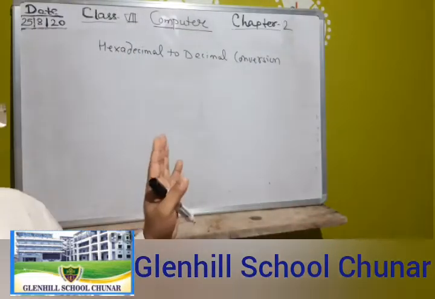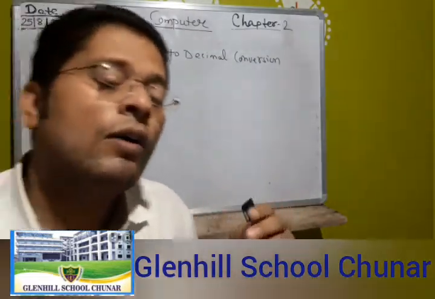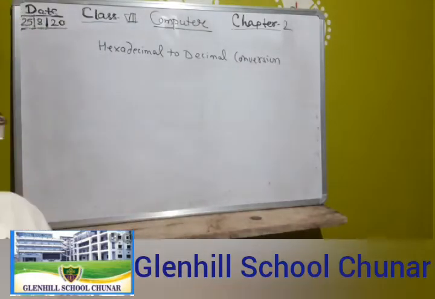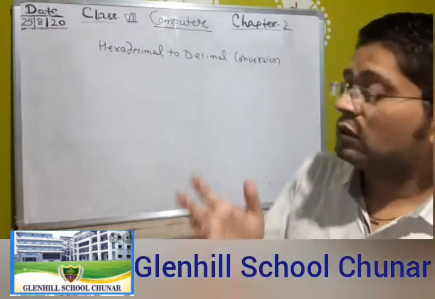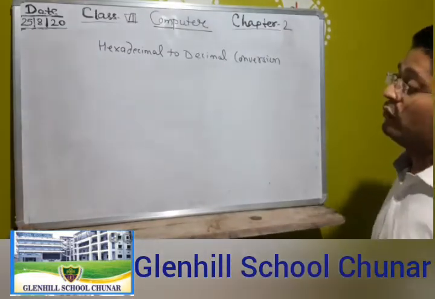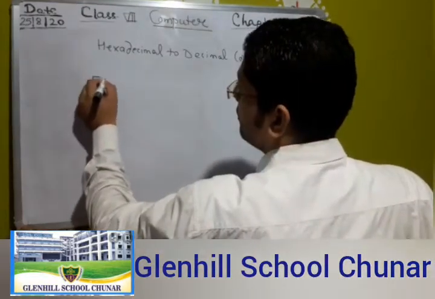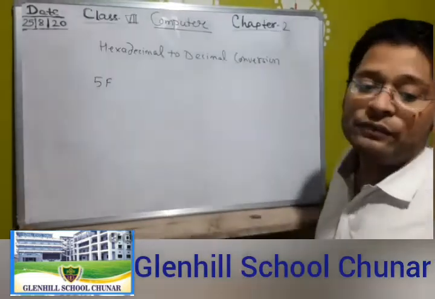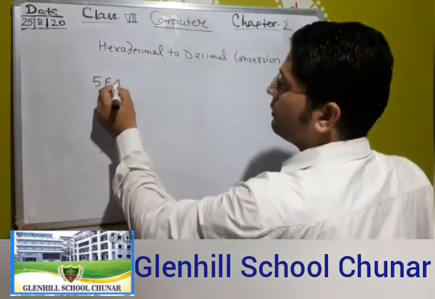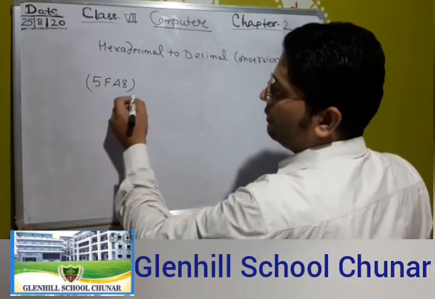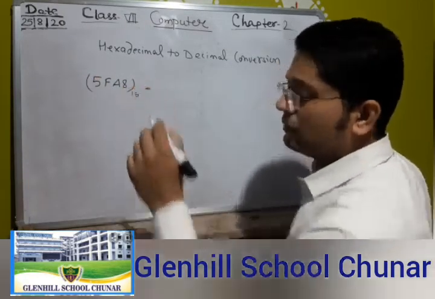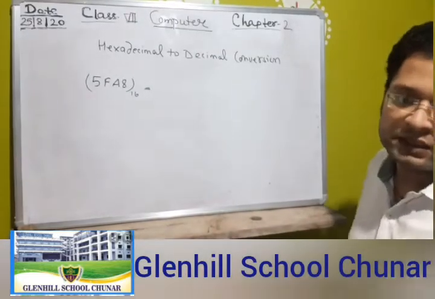If you don't remember a particular power of 16, it is easier to calculate it from the previous power value. So let's take the example 5FA8. This is a hexadecimal number, so base 16.